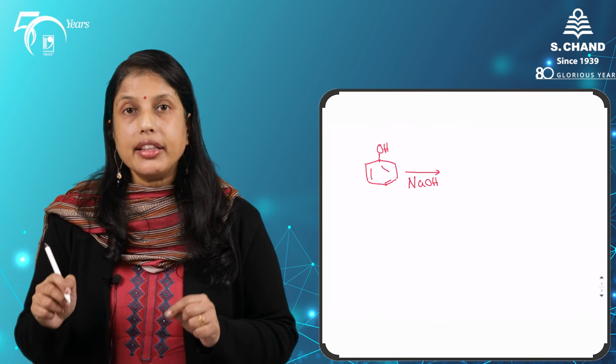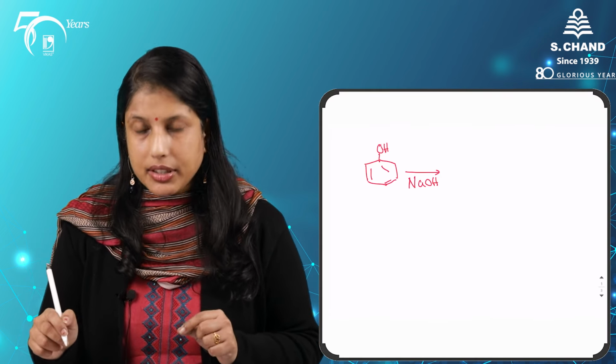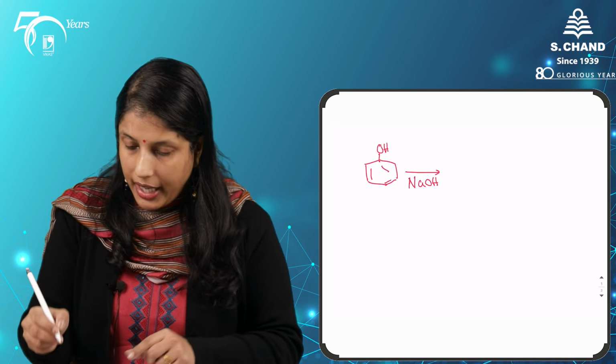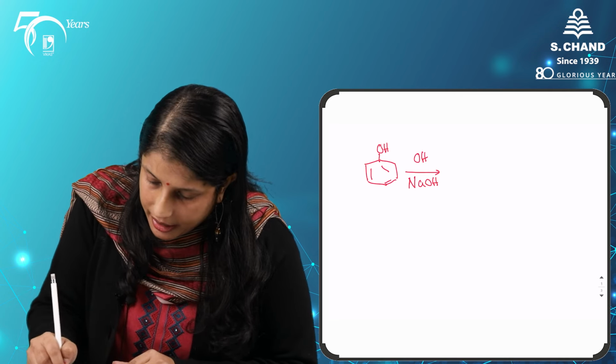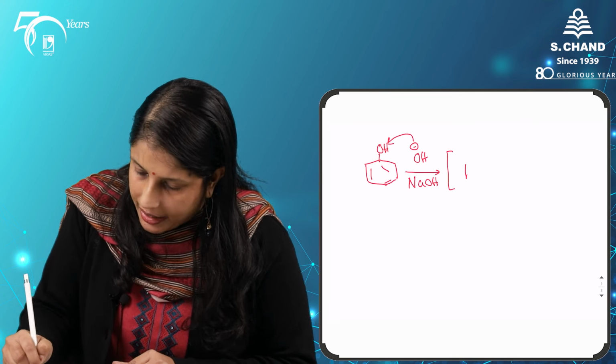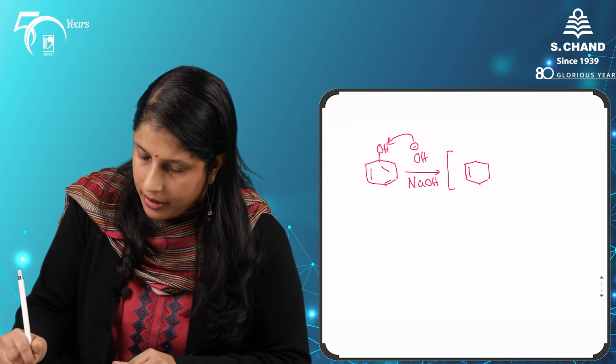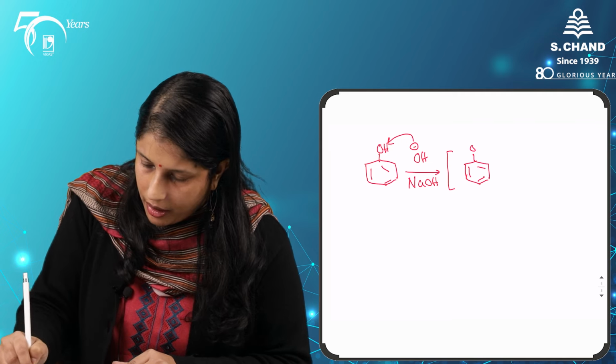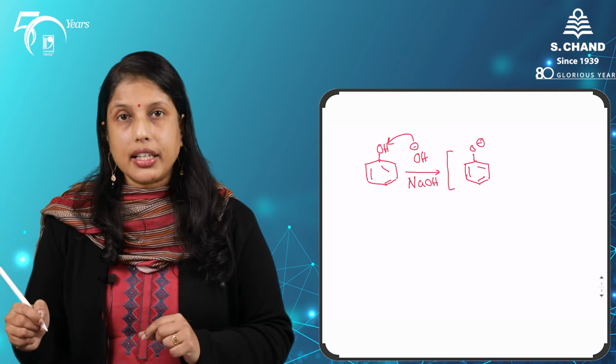Most phenols can be deprotonated when they're treated with sodium hydroxide. So let's see what happens. I have my base, which comes in and abstracts my proton, and it results in the formation of my phenoxide ion.